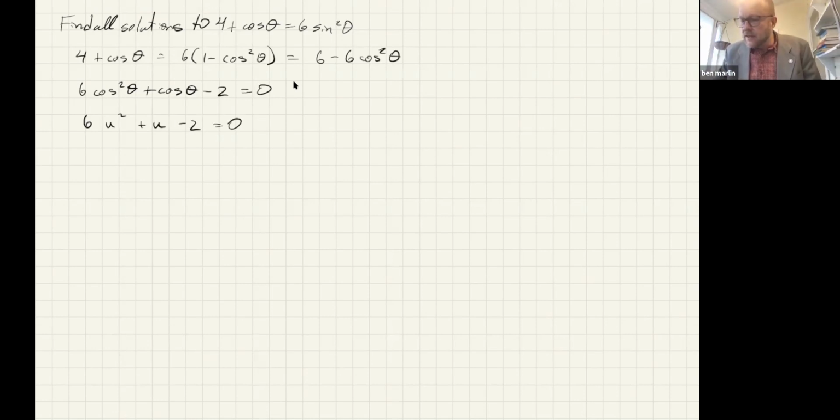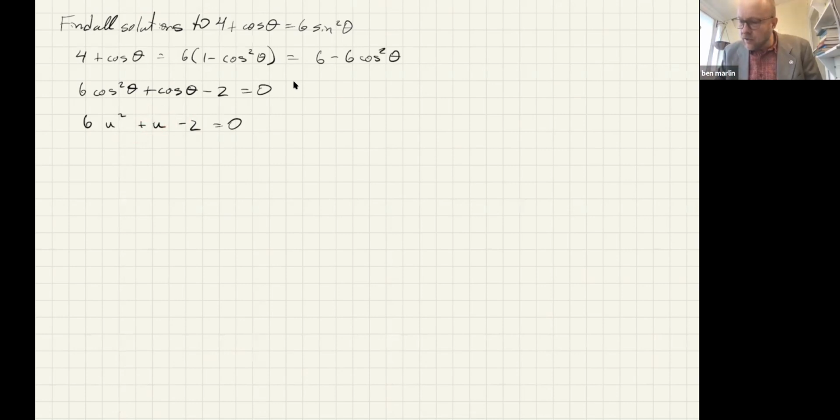If I need to factor that sort of thing, then the trick that I use is I multiply the leading and trailing coefficients. So 12, I look for factors of 12 which have a difference, because that's minus, of 1. So the factors of 12 that have a difference of 1 are 4 and 3.